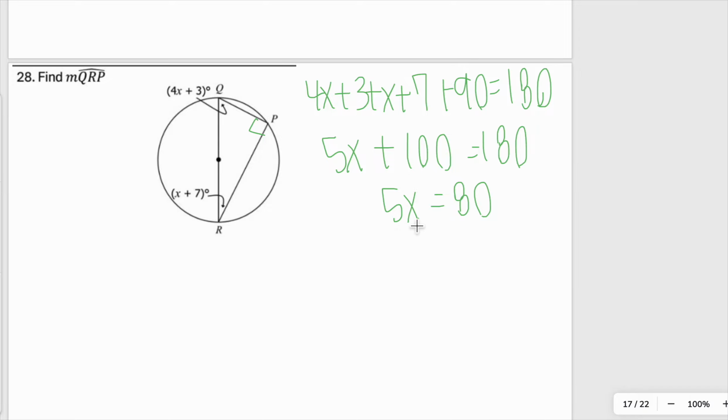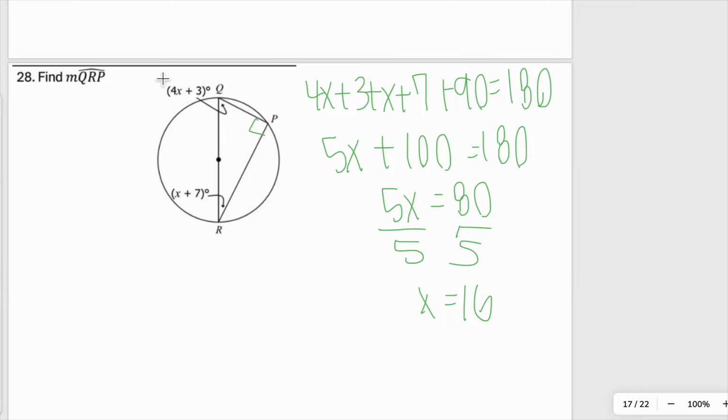Okay. Divide by 5, we get x is equal to 16. So that's not where we're going to stop though, because we want the angle or the arc measure of QRP. So that means we got to figure out my degrees of each one.